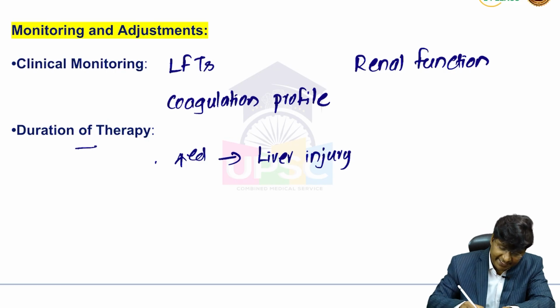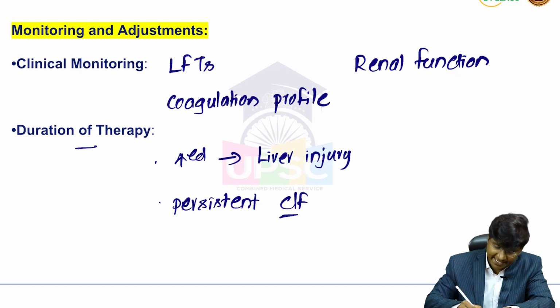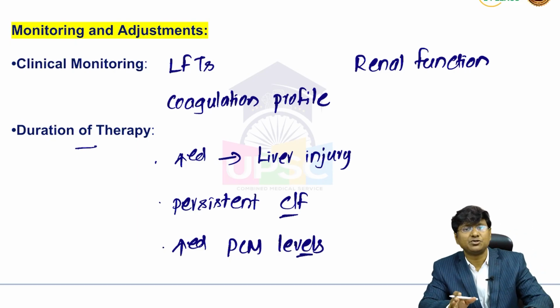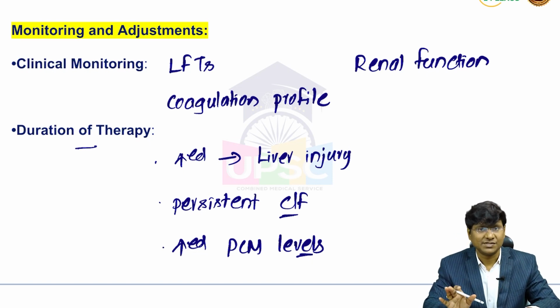Second, if there are persistent symptoms or persistent clinical features, then also the duration of the therapy should be prolonged. And if there are elevated paracetamol levels, even then the duration of the therapy should be prolonged. So this is about N-acetylcysteine in paracetamol toxicity.